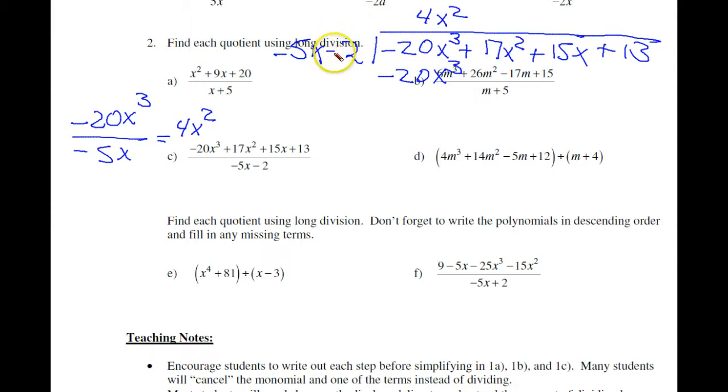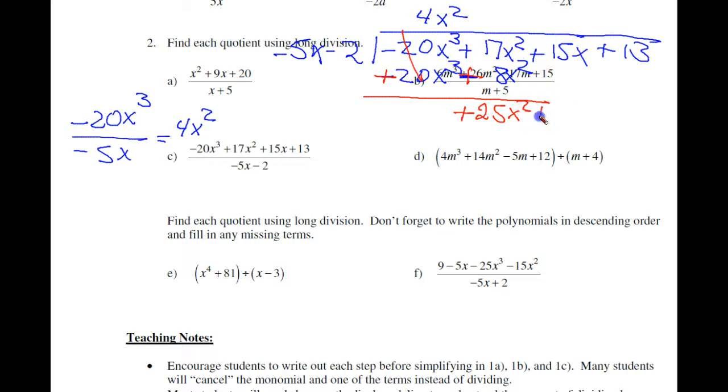Now, this term times this gives me a negative 8x squared. Now, what do we do? Well, we put a line there and we change the signs. So this cancels out, and this becomes a positive 25x squared.